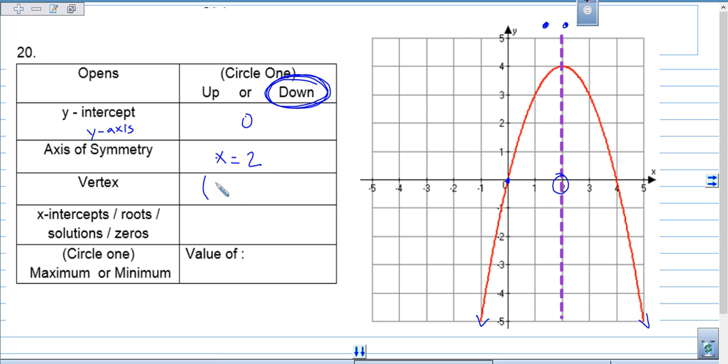The vertex is where the axis of symmetry occurs on the x, and then we need to know the y for it, so that'd be 4. The x-intercepts, roots, solutions, or zeros are all right here. Okay, and so that occurs at 0 and 4.